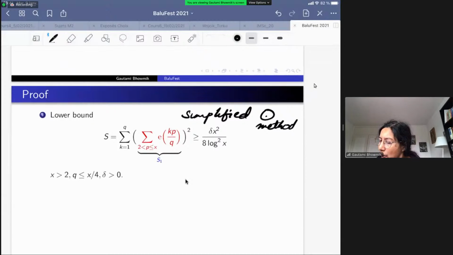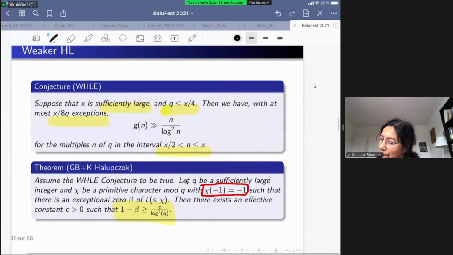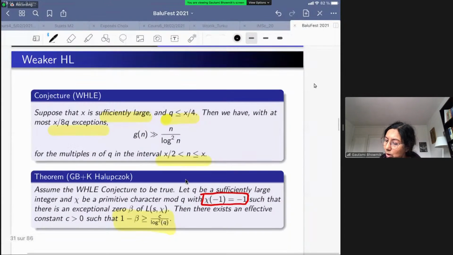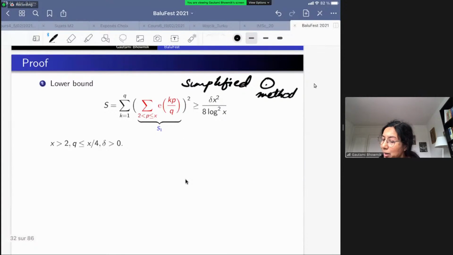Remember that in our condition, we had that Q was less than X by 4. So Q being less than or equal to X by 4 is still used. And then we have S, we want to find the sum.